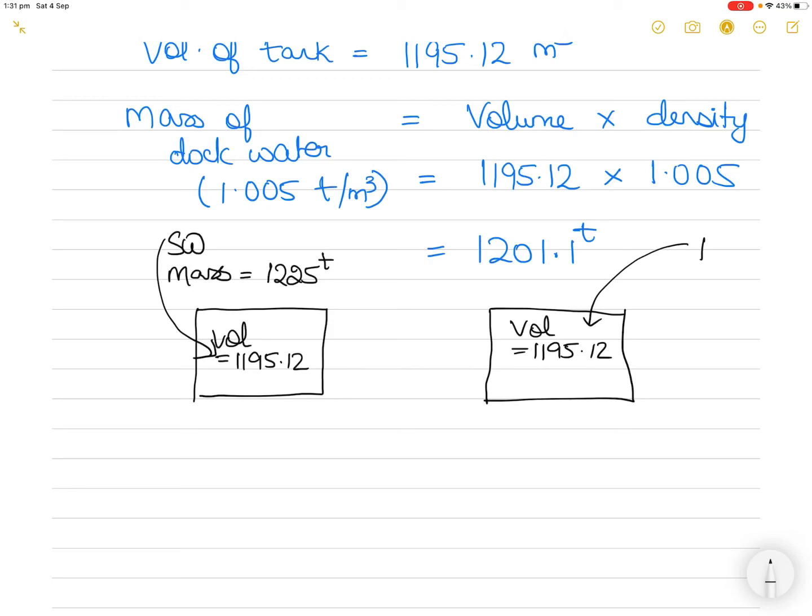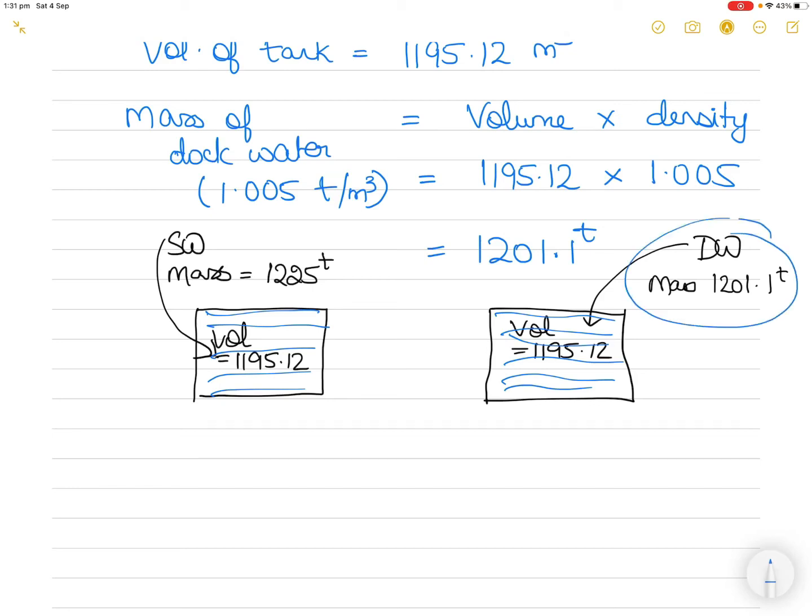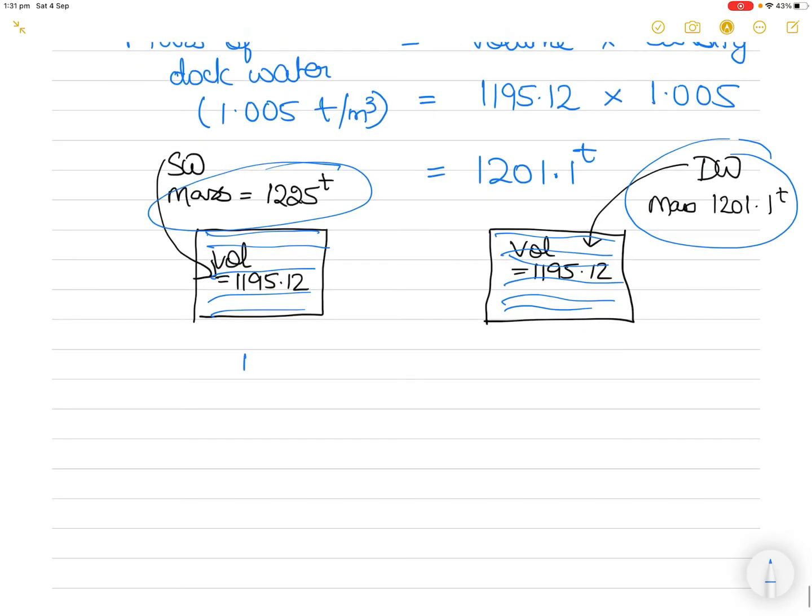When I pump in dock water, the mass has now become 1201.1 tons. Although in both cases the tank is full of water, the mass has changed. 1225 minus 1201.1, what's the difference? Almost 23.9, or 24 tons.